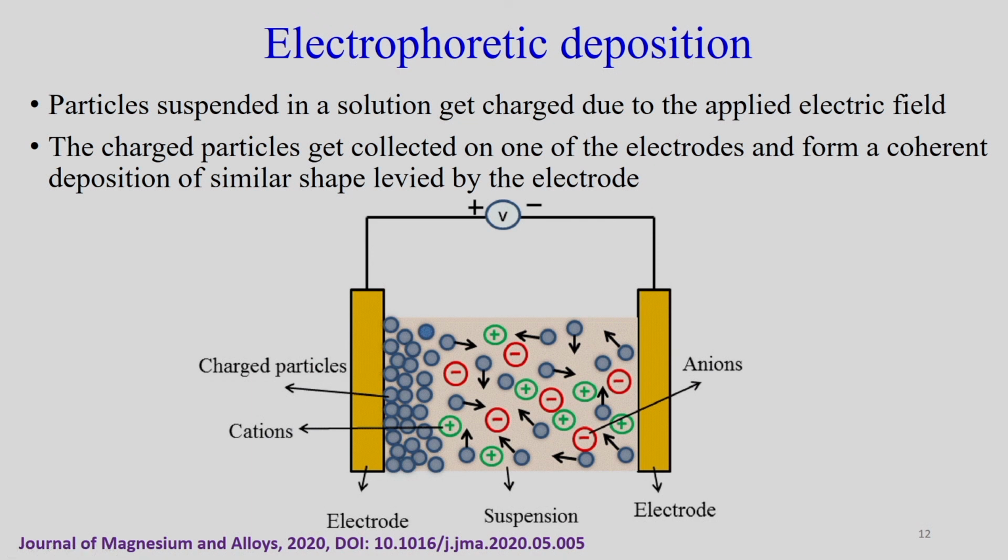As you know, we have two electrodes, and when the particles are suspended in the solution, they will be charged if you apply an electric field, and these charged particles are collected on the electrode and form a coherent deposition. So, now the deposition will be similar to the shape of the electrode.